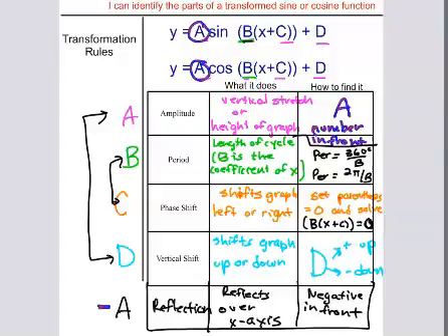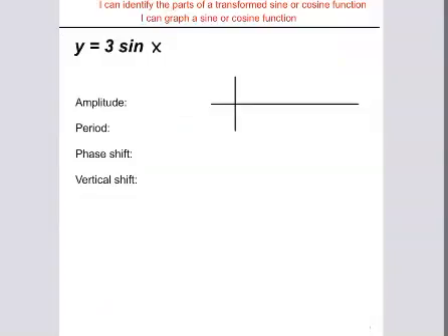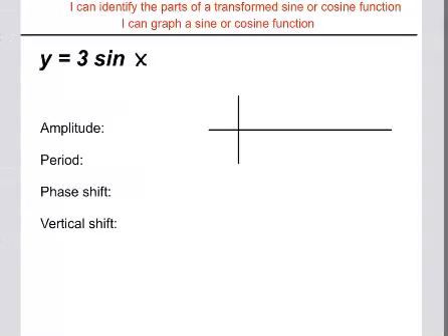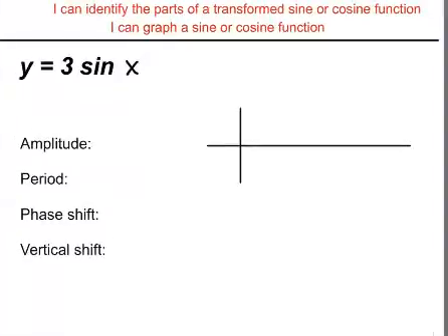Now we're going to move on to some examples. There's a lot of stuff here. This is brand new stuff, so it's going to take us a while to go through everything. Okay, so I'm going to look at this one here, and I see I have just a number in front.